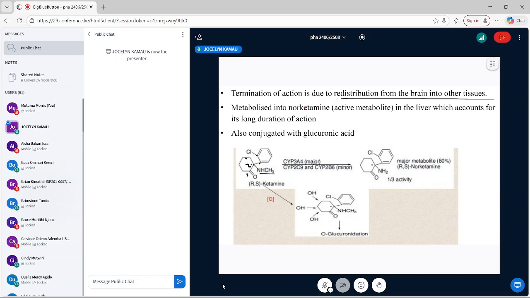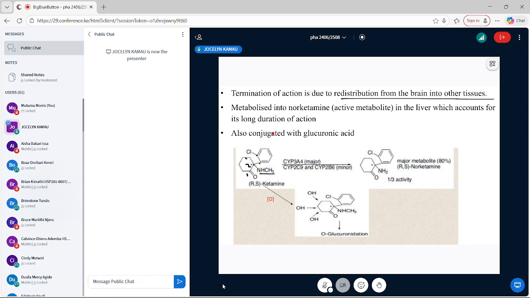When it binds the receptor, because of its good lipid solubility, it can move out of the receptor and into the surrounding tissues. So redistribution is one way in which we can terminate pharmacological activity, and we will mention more when we discuss the barbiturates.